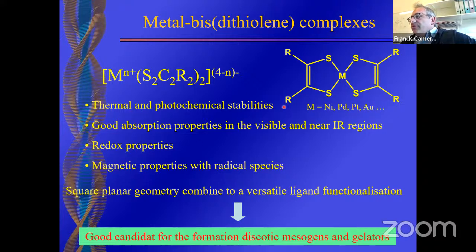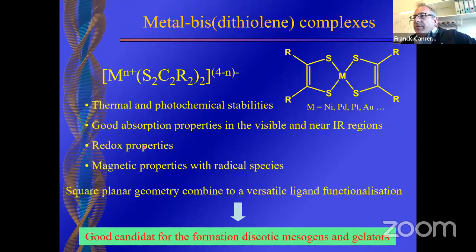These complexes are interesting because you can use several types of metals, and depending on the metal, you have various properties. These complexes are thermally and photochemically stable. They show good absorption properties in the visible, but also, as you will see, in the near IR region. And this is why I'm particularly interested in these complexes.